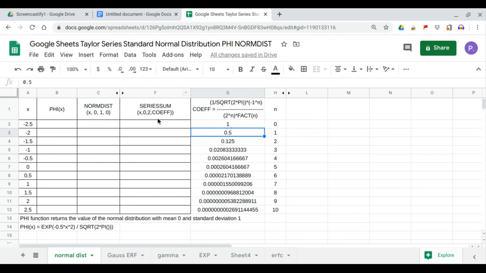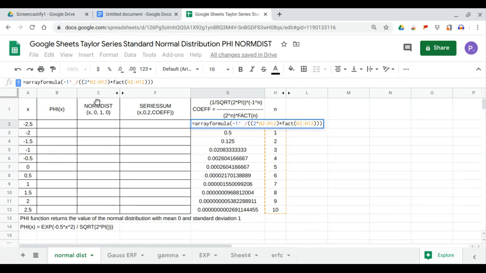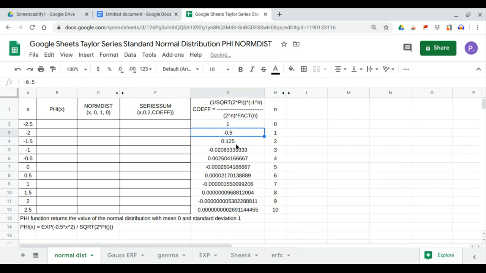Now we go to the numerator part. So 1 over square root of 2 pi times negative 1 to the power n. So we start with the negative 1 to the power n. So we have alternating signs now.